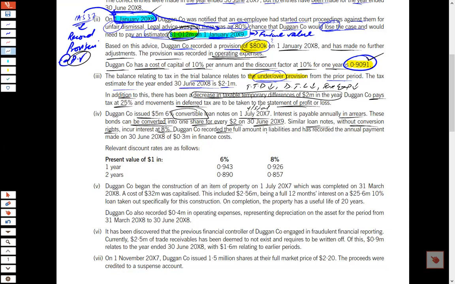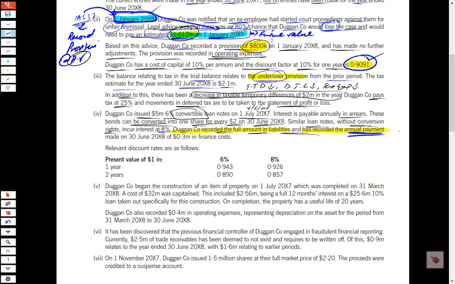The company recorded full amount in the liabilities. Yeah, this statement is very much important. What the D company has done, D company recorded the full amount in liabilities and has recorded annual payment. By the way, in P&L, do we record the payment? Do we record any expense on the payment basis, or we should record any expense on accrual basis?